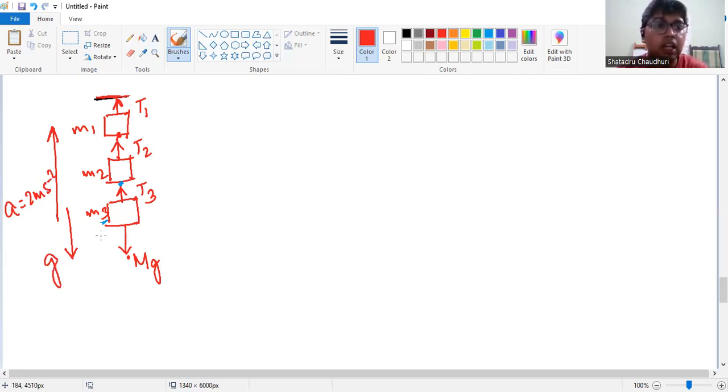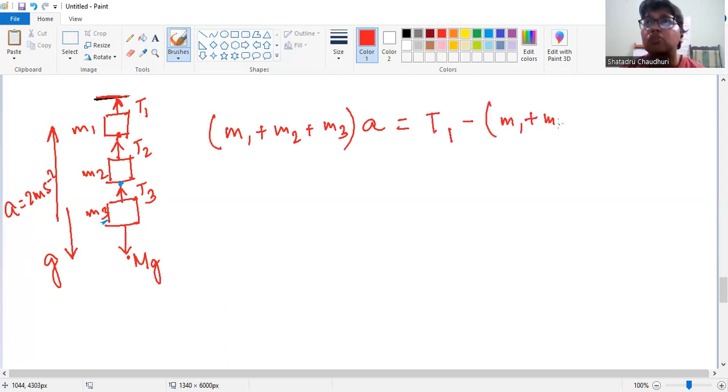So the equation of motion will be: m1 plus m2 plus m3 into a, the acceleration of the whole system, must be equal to T1 minus m1 plus m2 plus m3 into g.